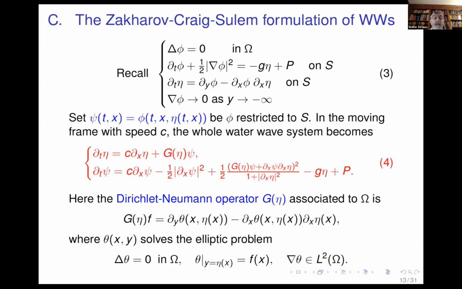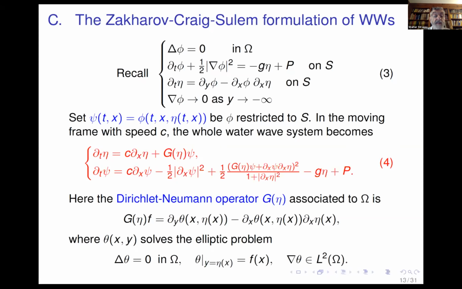Okay. So the most important thing here is to formulate the water wave, at least by our method. We formulate the water wave equations in an appropriate way, in a useful way. So the first set of equations 3 is what I just copied from before.